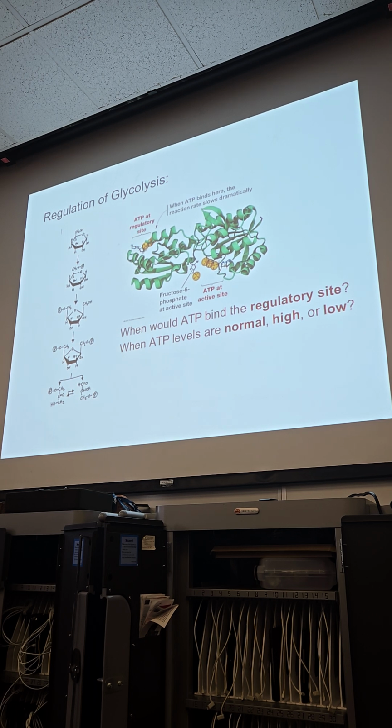Use it. So then my next question, if your body is low on glucose, what does your body do? It makes it. All reactions are reversible. Therefore, I can make it.